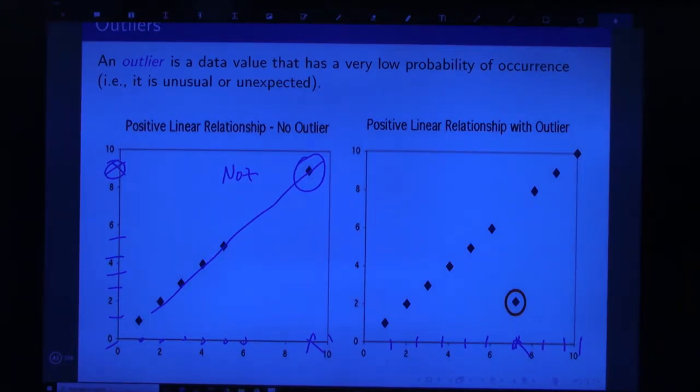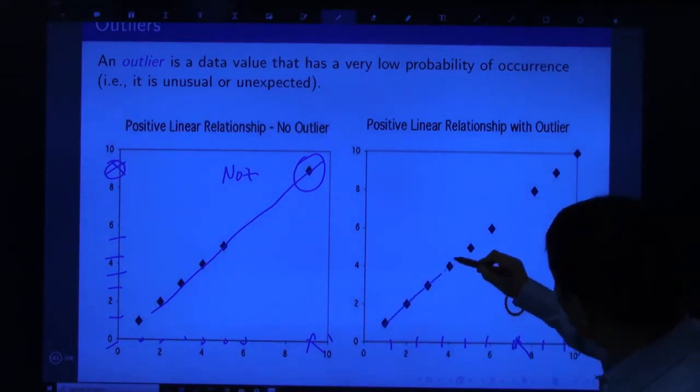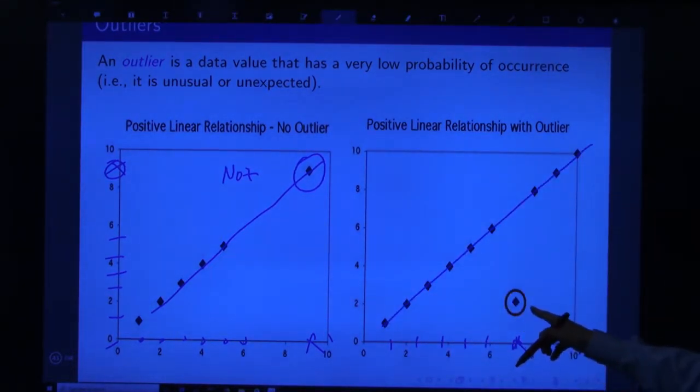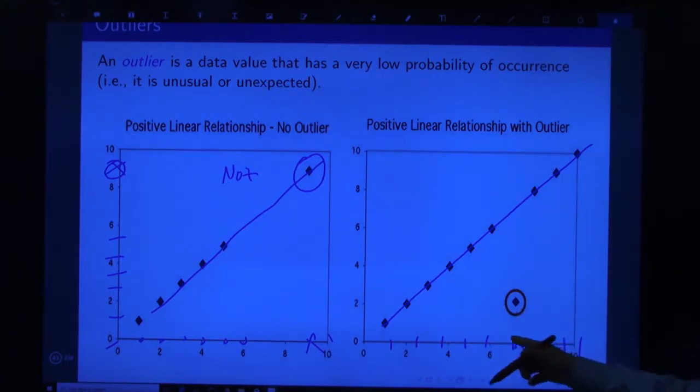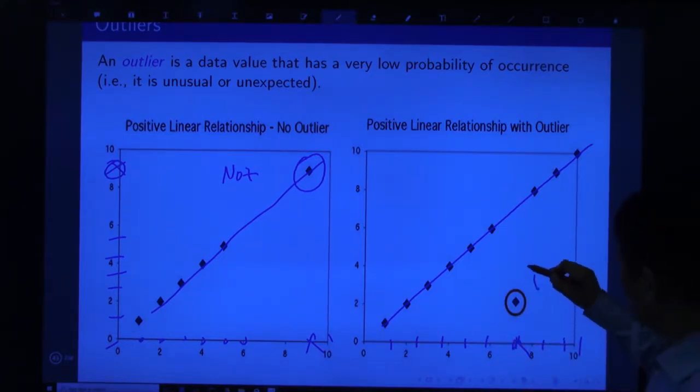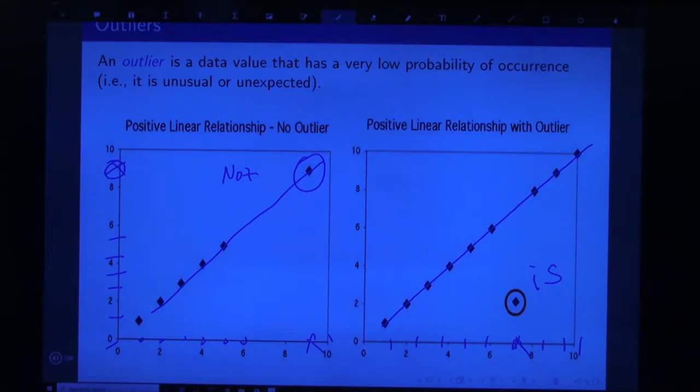But for this two-dimensional data set, this is the form, and this one is definitely outside of the form. So this one is an outlier. So whether a data point is an outlier or not depends on how we look at it, as one-dimensional data or two-dimensional data.